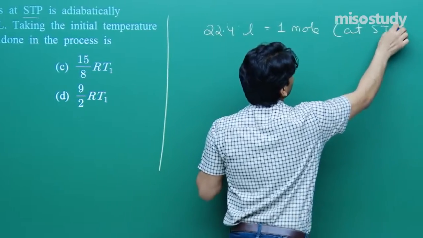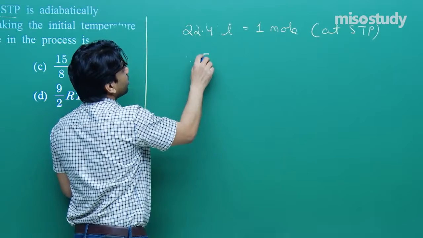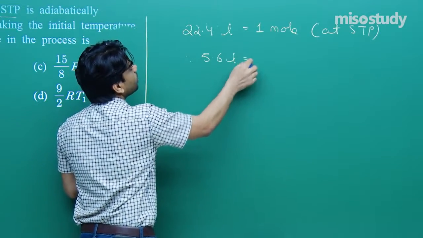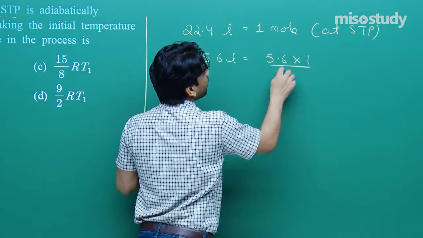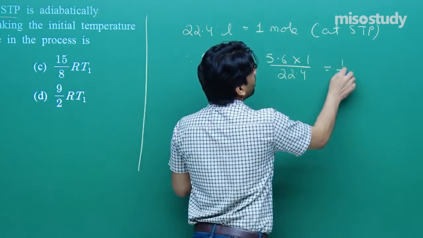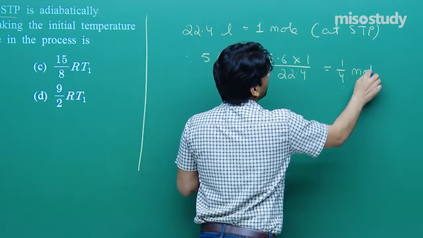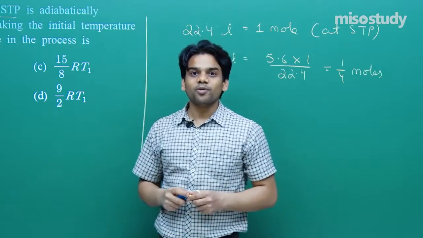We all know this, that is why STP is given. So how much will be 5.6 liter? 5.6 liter will be equal to 5.6 multiplied by 1 divided by 22.4, that is equal to 1/4 moles. That means the gas contained within the container is 1/4 moles.